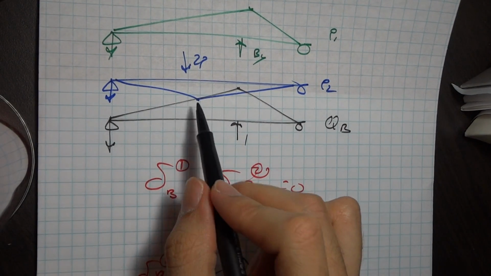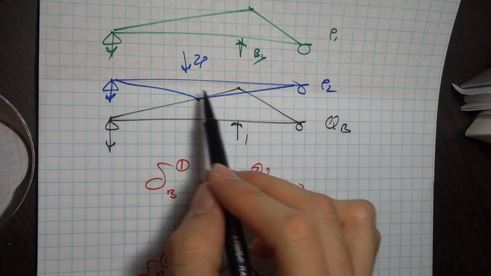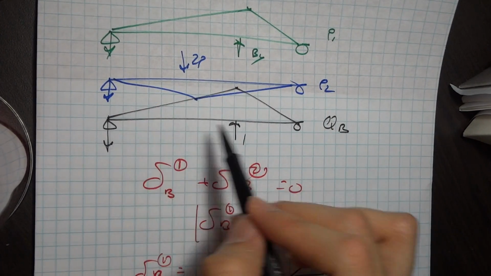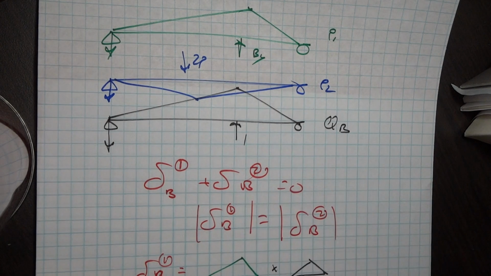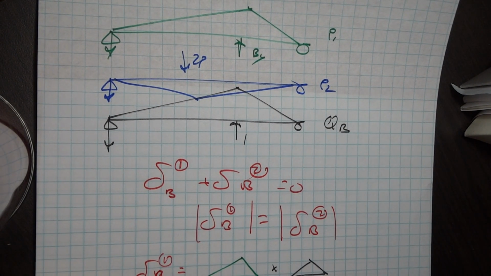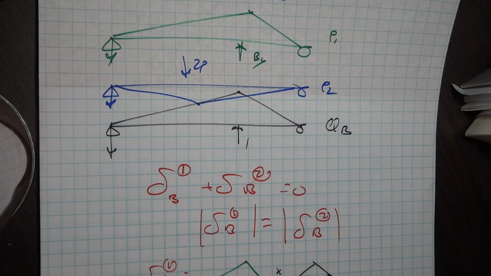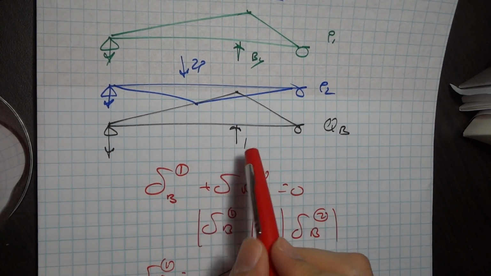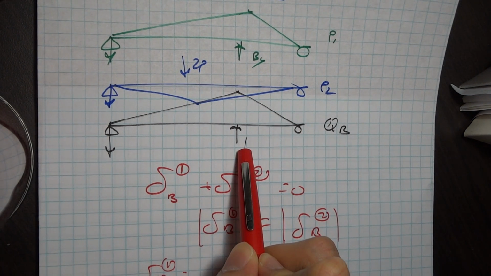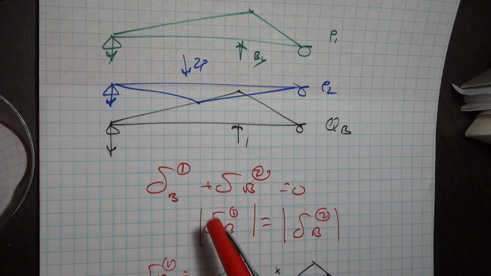Now note that these two peaks: the blue one is positive, the black one is negative. I do need to keep track of the signs. The signs will tell me what direction the deflection is going. If I get a positive value, it means that my deflection is going in the direction of my QB diagram. If I get a negative value, it means it's going in the opposite direction.